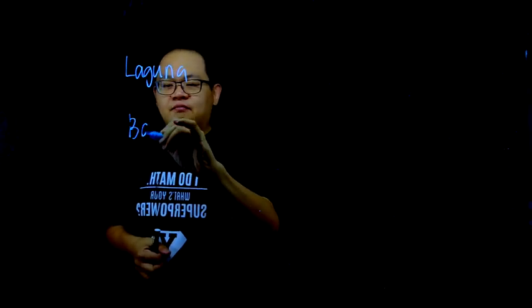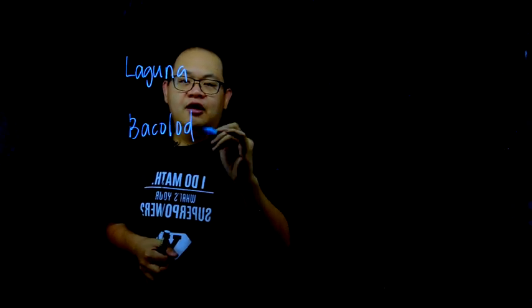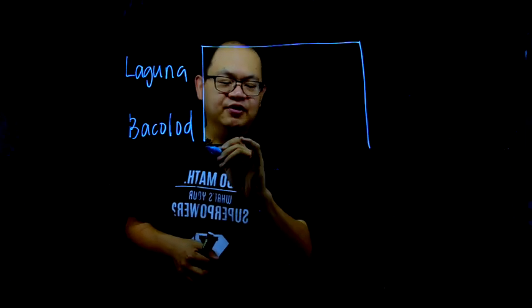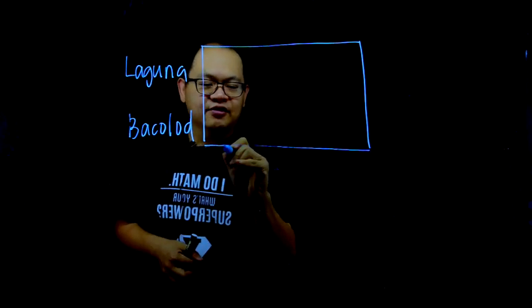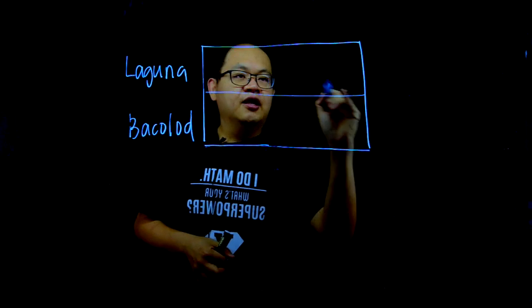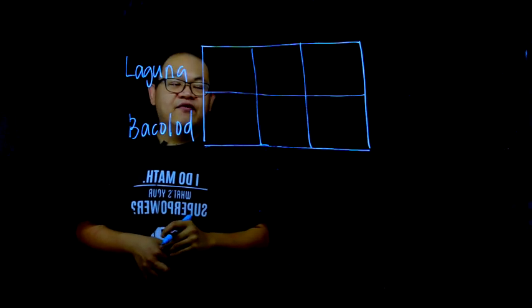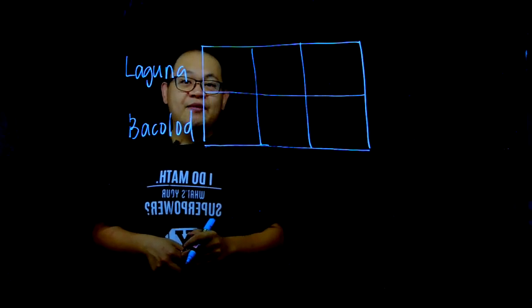Let's say you're Coca-Cola Philippines, and let's say you have two bottling centers, or what we call manufacturing centers, where you produce Coke. Let's say one is in Laguna, and let's say the other one is in Bacolod. Now, let's say these two manufacturing centers or bottling centers produce Coca-Cola products and eventually distribute them to three demand centers.